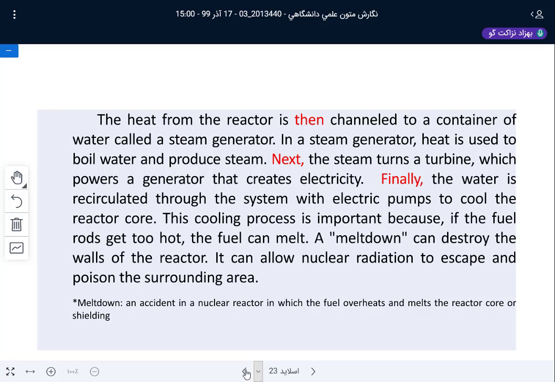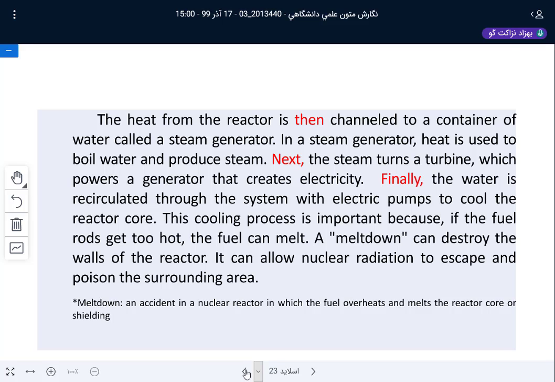Steam generator is the last word in the first sentence, which shows the heat from the reactor is channeled to the container of water called steam generator. So this is the topic sentence of this paragraph. So what happens?